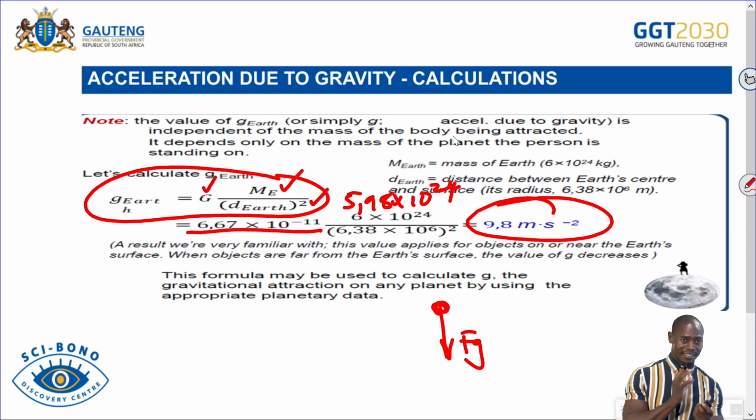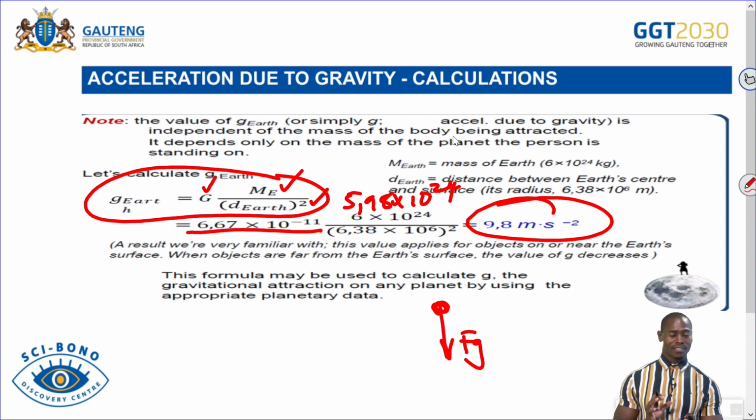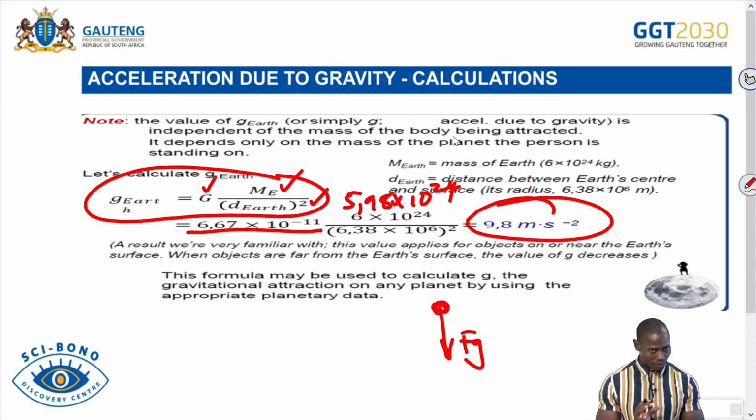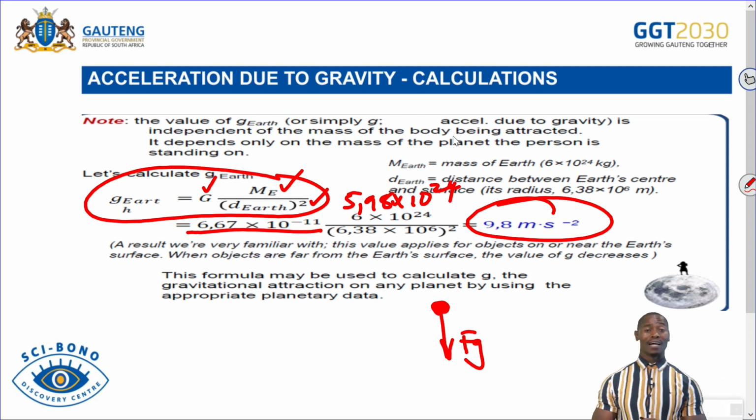It is just the sensation experienced when all the contact forces are removed. An example will be if the only force exerted on an object is the gravitational force, which is the non-contact force, the object will experience weightlessness.